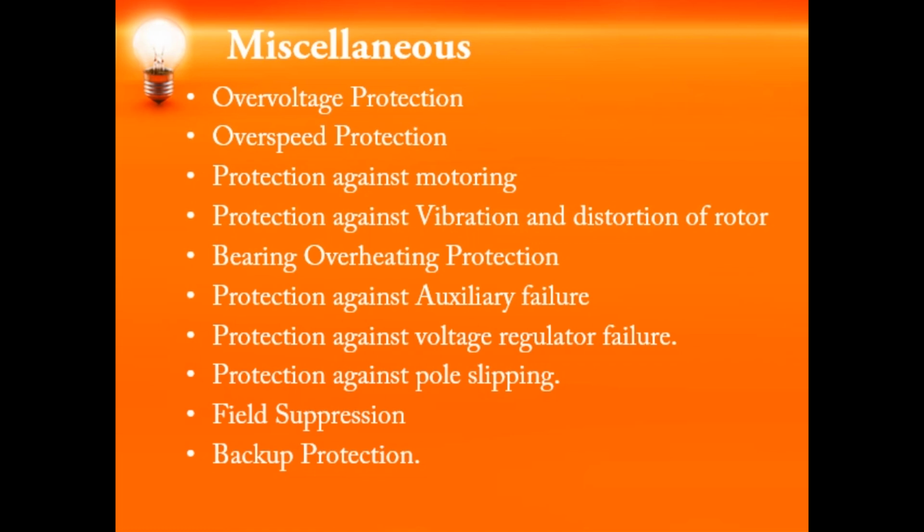Next is protection against pole slipping. In case of system disturbances after the operation of the circuit breaker, or whenever there is a heavy load, the generator rotor may oscillate. Whenever it oscillates, there will be variation in the current, the voltage, as well as the power. This oscillation will not be permanent, it will gradually reduce and vanish.